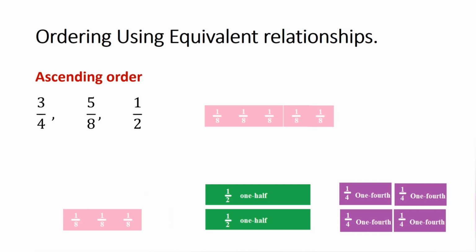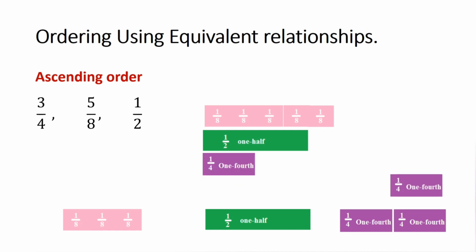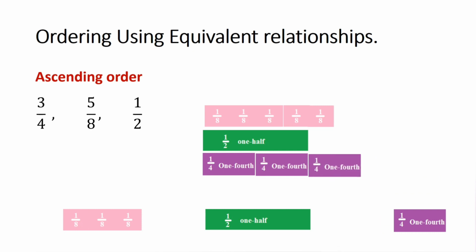Now we have 5/8. Now we are going to juxtapose the half tiles to the 5/8 tiles, like this. And we are going to do the same for the 3/4 tiles. All right. Now all three fractions are represented.